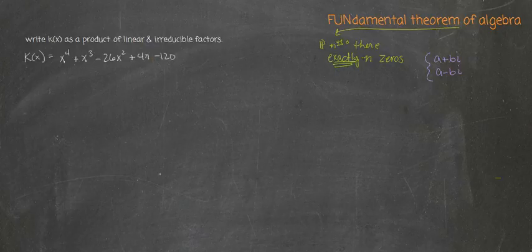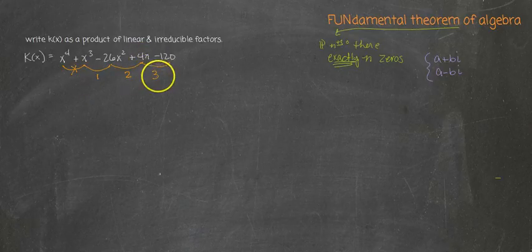First, I want to use Descartes' rule of signs to determine whether there are any possible complex solutions. So I'm going to count sign changes throughout the polynomial, making sure that it's all there. So I have x to the fourth to x cubed. There's no sign change because there's a positive out front. There's a sign change from x cubed to x squared term, another sign change from the squared term to the linear term, and another sign change from the linear term to the constant.